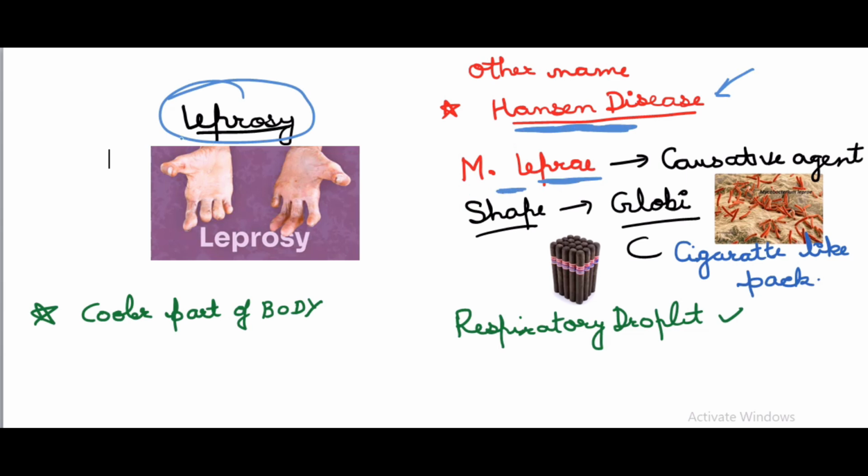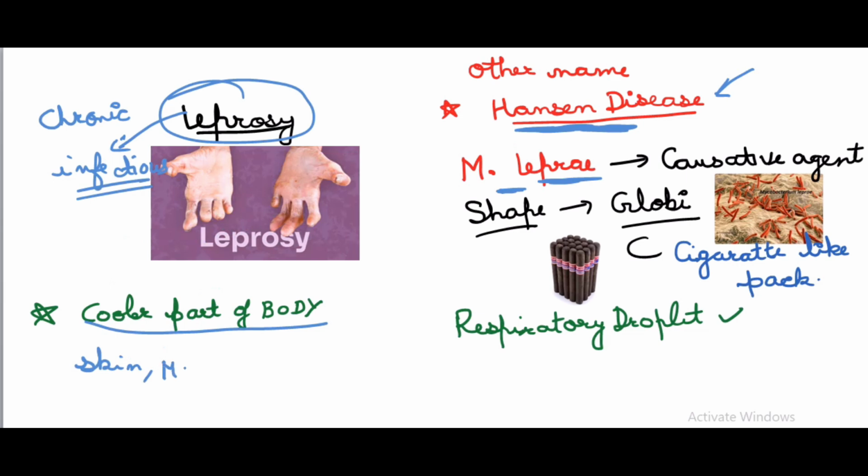Now remember, leprosy is a chronic infection. So it primarily affects the cooler parts of the body, such as the skin, mouth, and respiratory tract.